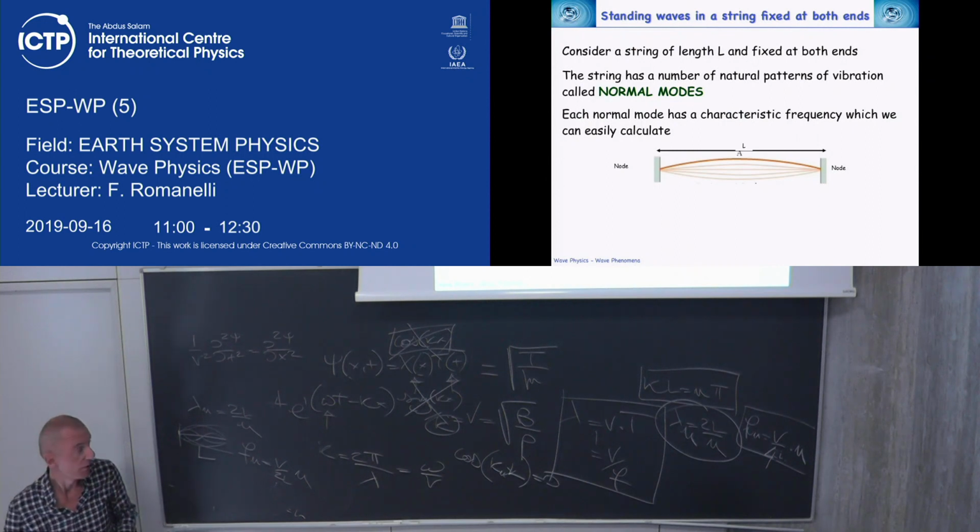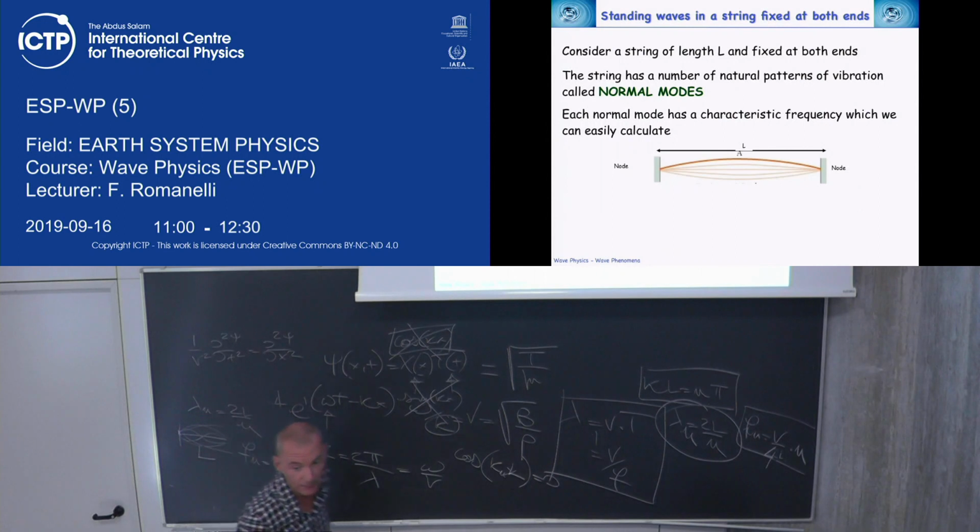But please do remember that these functions arise anytime that you solve an equation by separation of variables. In the last lecture of the course, and I'm scared about that, we will try to do that for the Earth. Bad news.